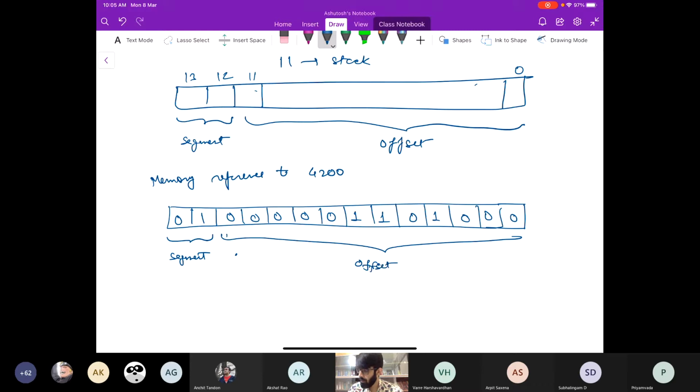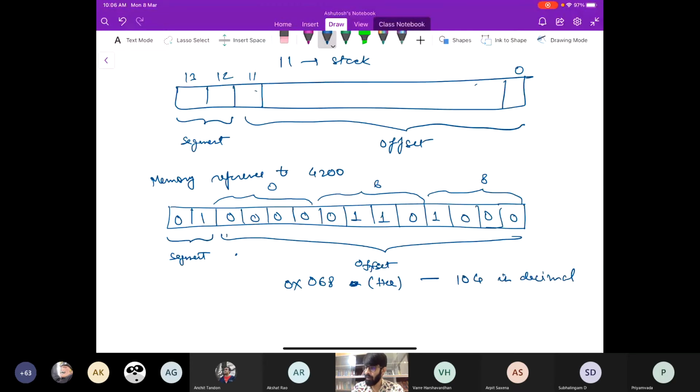And this number is 0, this is 6, and this is 8. So the offset is going to be 068 in hex, which is, as we had calculated earlier, 104 in decimal. Okay.